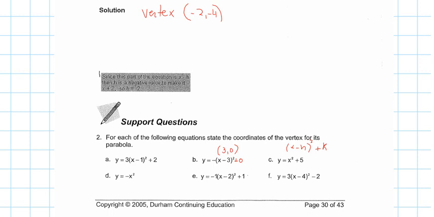It's a 0. So that's the same thing as writing bracket x minus 0 squared plus 5. I don't write x plus 0. X plus 0 is x, right? So the vertex for this one is 0, 5.